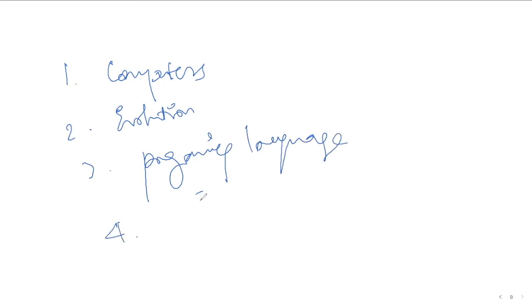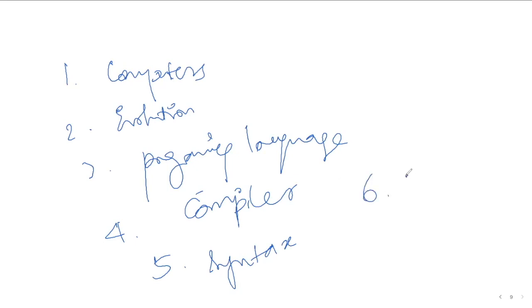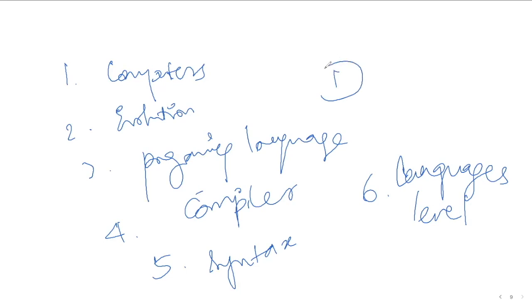Then we learned about what is a compiler, then what is syntax, then about language levels. So it covers the first topic in your syllabus about programming and about C.